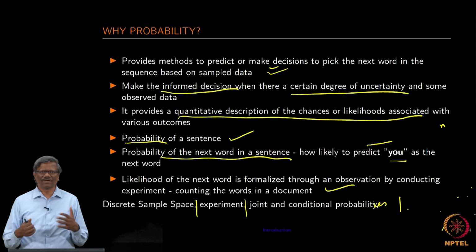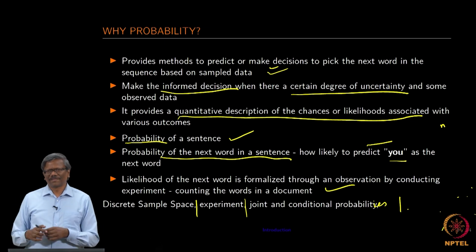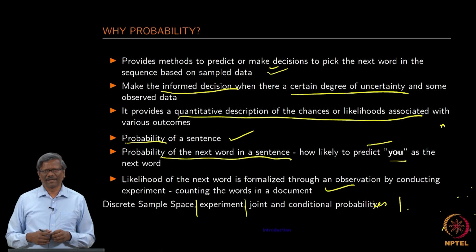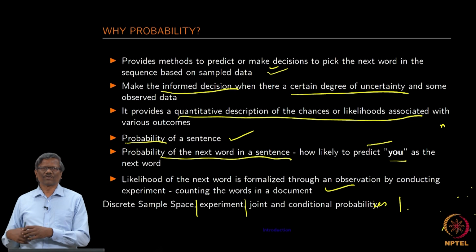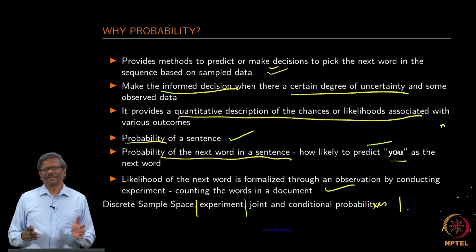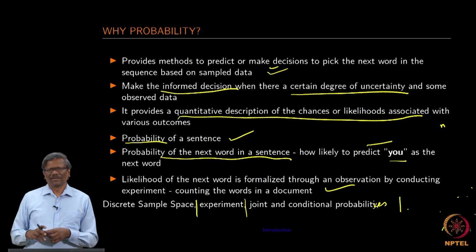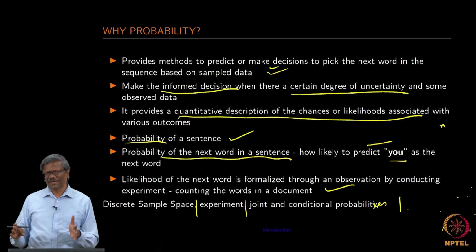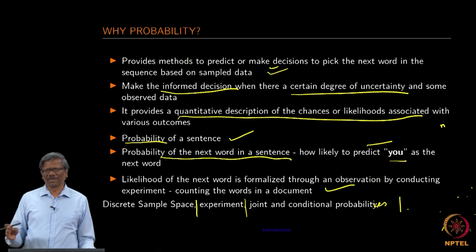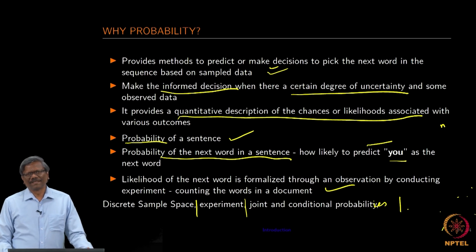And then next we started looking at the statistical counting that we have in hand, and then used the probability to start predicting what could be the next word, and what is the likelihood of a particular set of words to form a sentence, and so on, right.